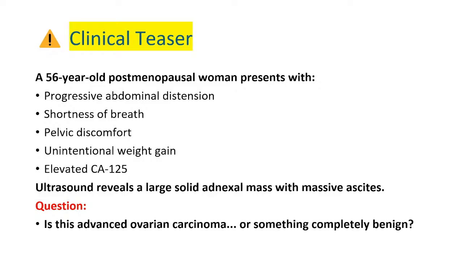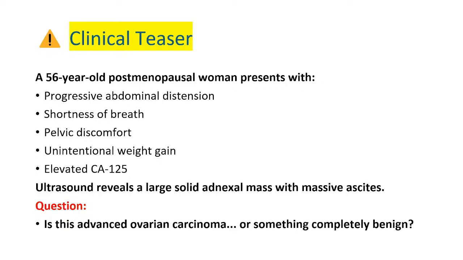So here's the clinical case. A 56-year-old postmenopausal woman presents with progressive abdominal distension, shortness of breath, pelvic discomfort, unintentional weight gain, and elevated CA125.